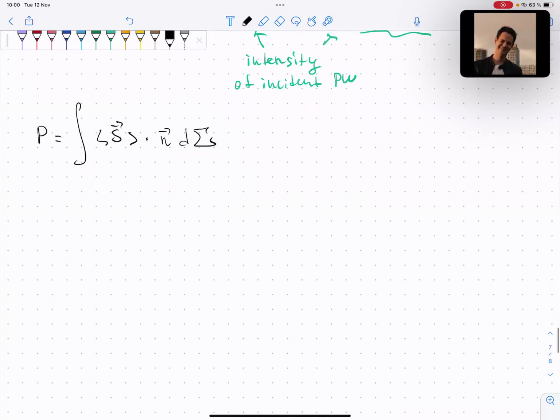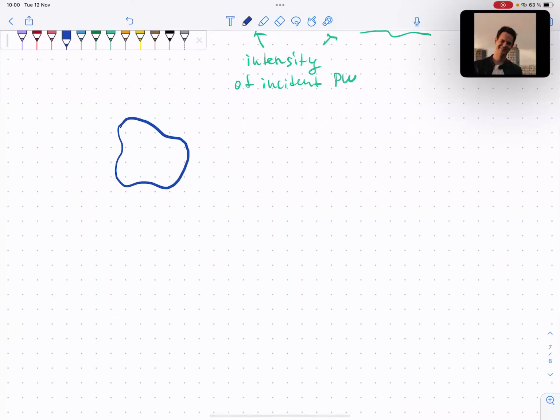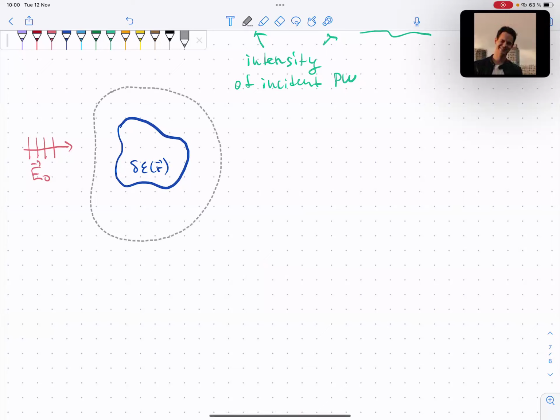So here, for example, we have our scatterer, we have some incident field, and we can draw some surface around our scatterer. I will call the surface sigma.